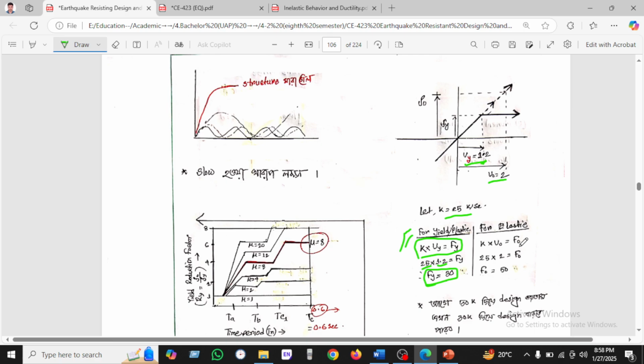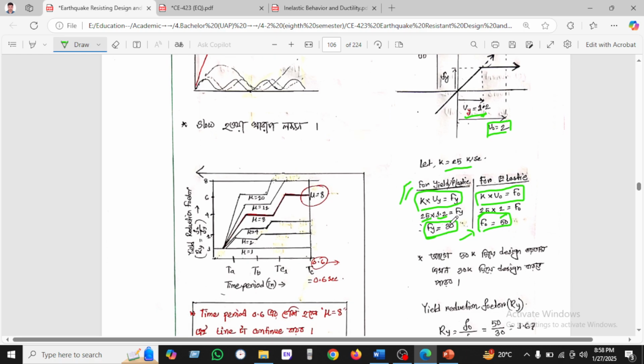For elastic, f naught equal to k u naught, so k remains the same, but u will be used for elastic, and it is found to be 50. So 50 is greater than the yielding, which we found to be 30.